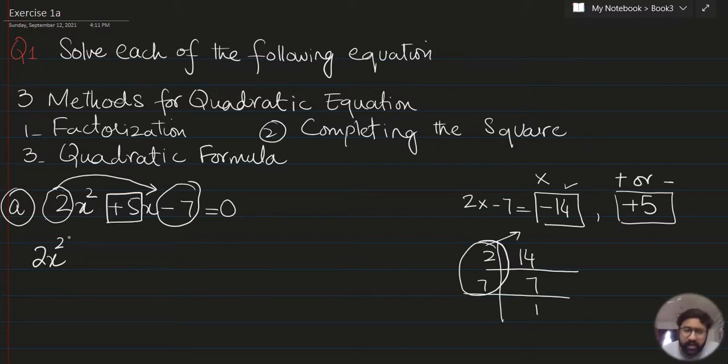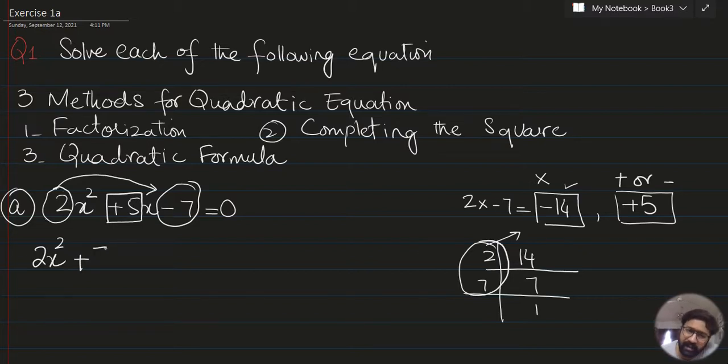So 2x square is going to come down as it is. Instead of plus 5x, I am going to write the two factors that I have just chosen, 7 and 2. I need to write them in such a manner that I should be getting plus 5 out of it.